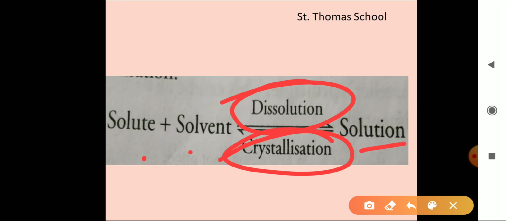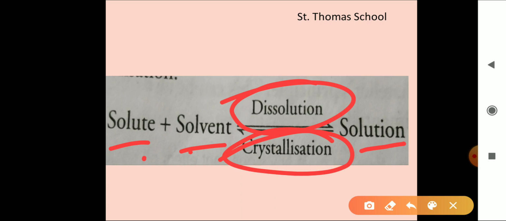Means here the solute and solvent dissolve to form what? To form a solution, and it crystallizes to form what? To form solvent and solute. Understood? So in saturated solution, dynamic equilibrium gets established between the process of dissolution and crystallization. You get it or not?